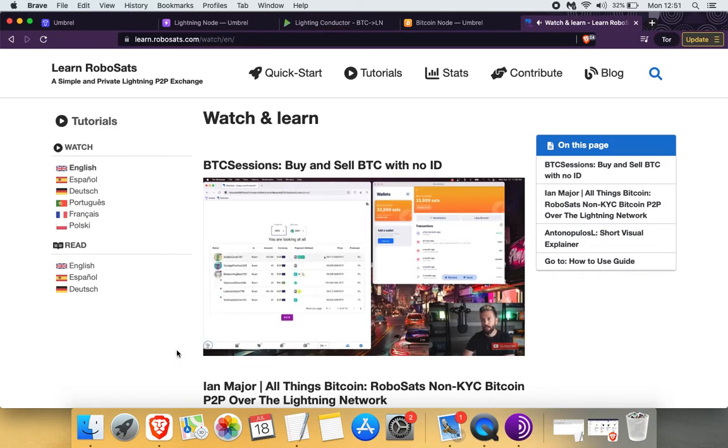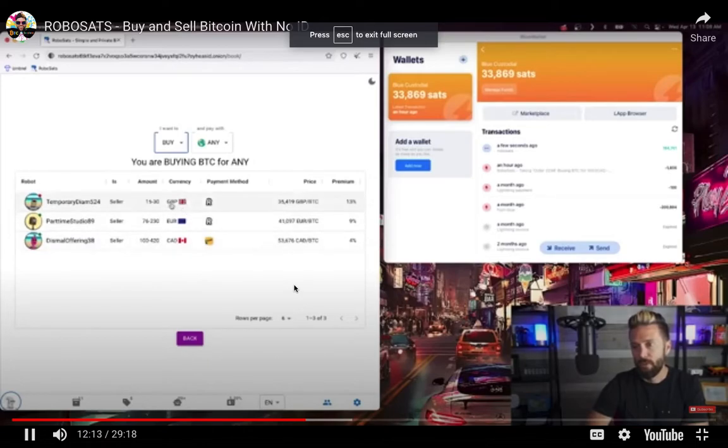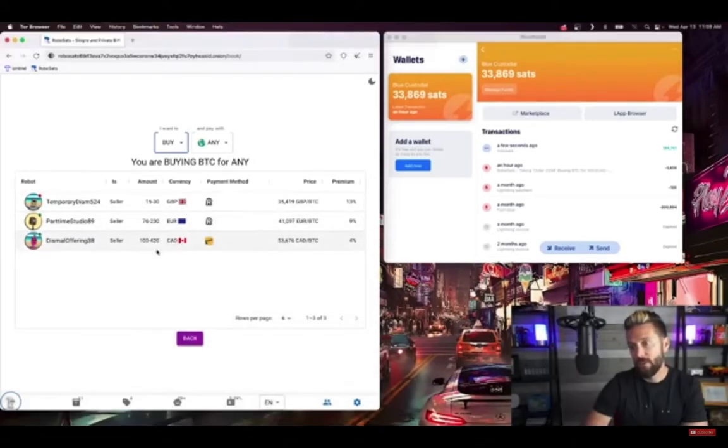If I put any, these are buys and sells, and it'll show me all of them. But if I break it down to, well, hey, I want to buy, it will show me the people that are offering Bitcoin for sale. And I can see that there's some people accepting British pounds, euros, and Canadian dollars, and their payment methods are either Revolut, which I don't think is available in Canada, or the Canadian one here, Interac e-Transfer.